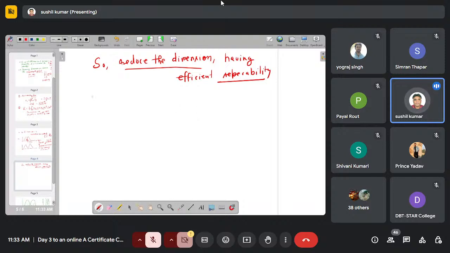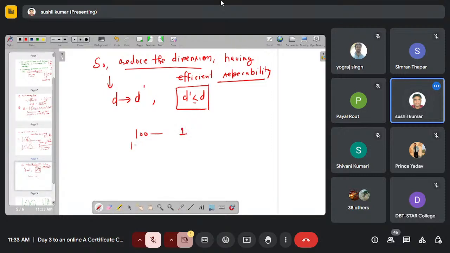So what we will do here is project the original dimensions. The original dimension is d, suppose, and we will project onto d dash. D dash will be less than or equal to d. It depends on you how you select. Suppose you have 100 dimensions in your feature vectors, then you can project onto one dimension.